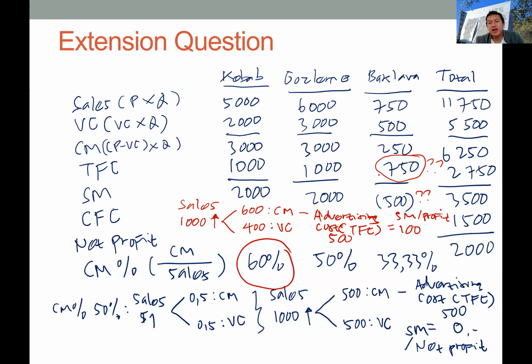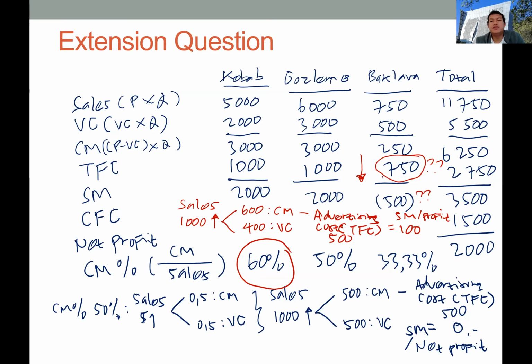Okay, they should find ways to minimize this traceable fixed cost. So they need to lower this cost and make this baklava profitable. And if they cannot lower the cost, they may consider to stop selling baklava. Okay, they may consider to discontinue this product and just focus on kebab and Gozlimi.